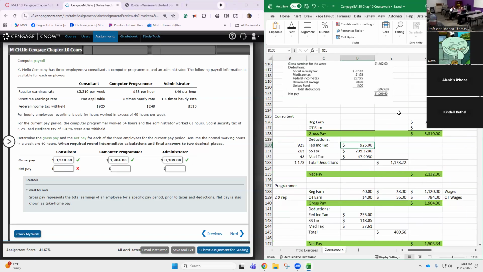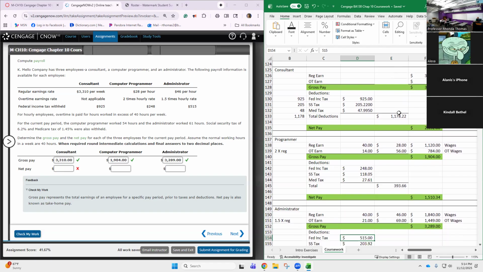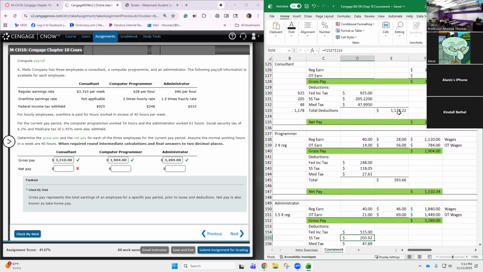I've got federal income tax of $925, federal income tax for my computer programmer is $248, and federal income tax for the administrator is $515. Now I am going to test this out.